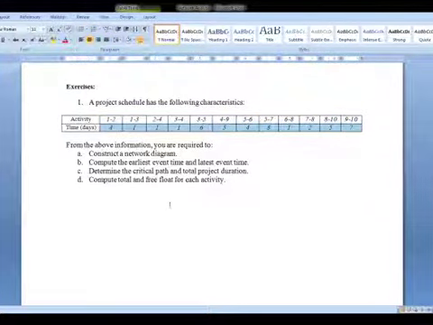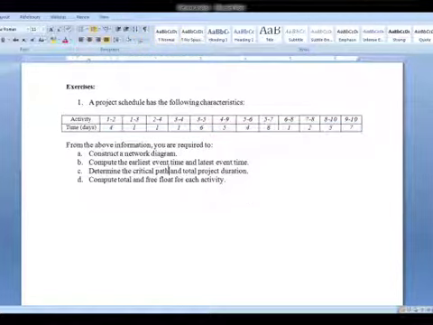But in a project, some activities go parallel, right? So when you are doing the furnishing, when you are doing the flooring as well as some other wooden work, you can do it simultaneously. Those activities can be done simultaneously. So for the total project duration that they have asked, you should not add all these things.